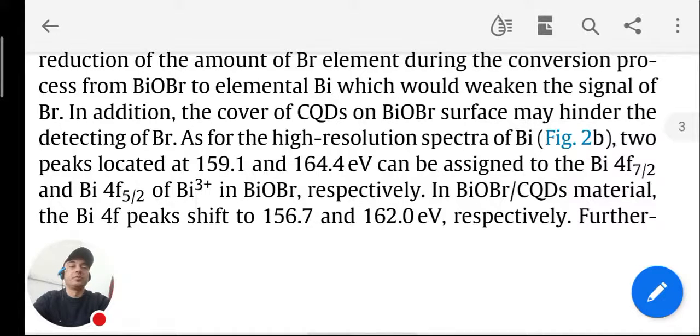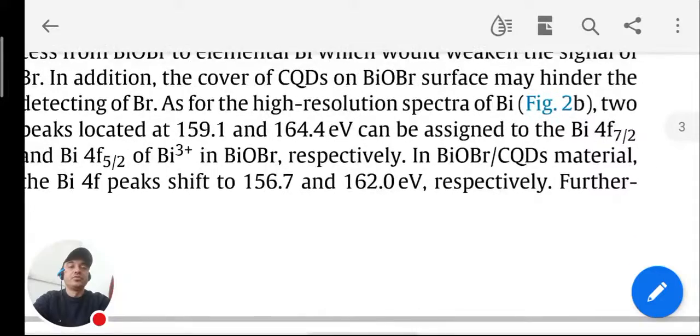In the BiOBr carbon quantum dots material, the peaks of Bi 4f shift from 156.7 to 162 and 160 electron volts. So there is a little change in their peaks. They are shifted respectively.